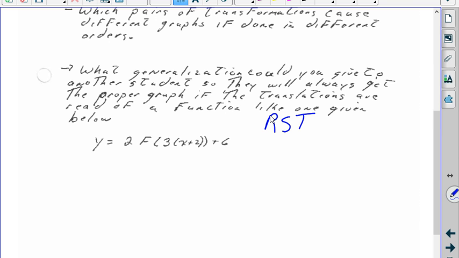I don't care about the first two. Translate has to come last. If I stretch something and then reflect it, I'm going to get the same thing if I reflect it and then stretch it. So that's why the order of R and S, reflect and stretch, are not important.